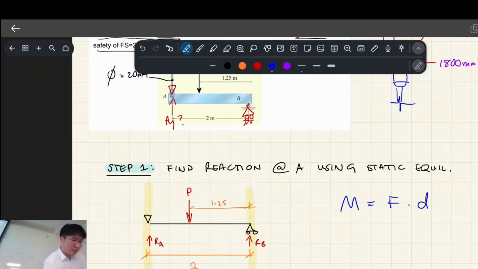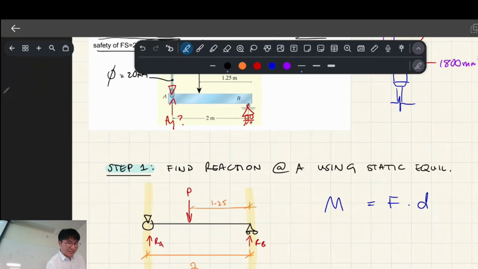I can choose to take the sum of the moments anywhere along this beam, but if I do it there, I'm going to end up with 2 unknowns. So there's only 2 spots I can actually choose in order to eliminate one of our unknowns. Do you guys know where that is?